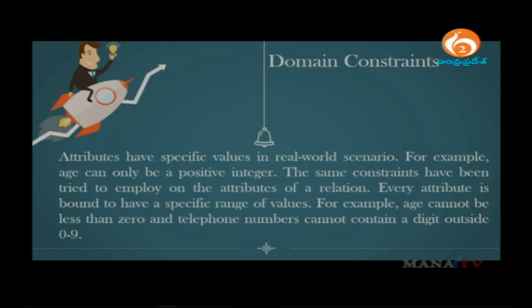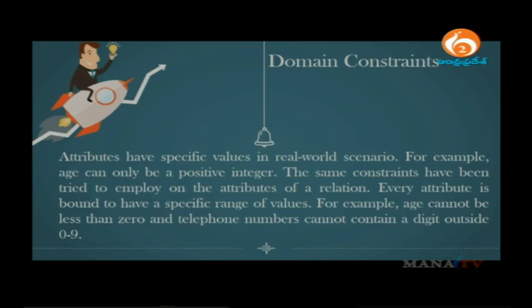Yes, let me show you the slide again. Alright. So, attributes have specific values in a real world scenario. For example, age can be only a positive integer. The same constraints are employed on the other attributes of a relation. For example, every attribute is bounded with a specific range of values.